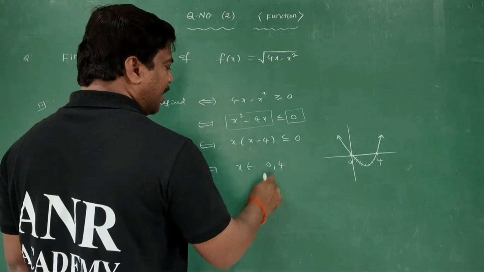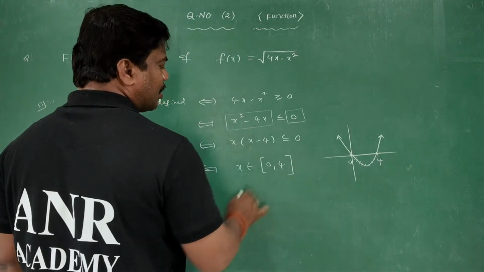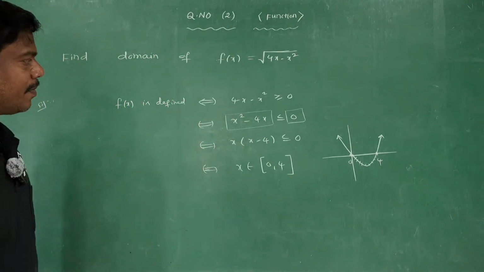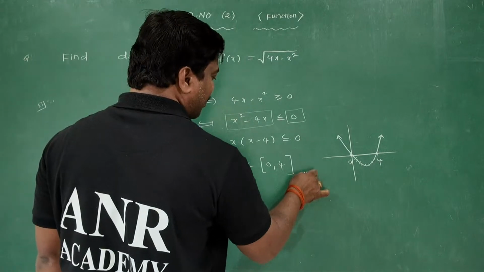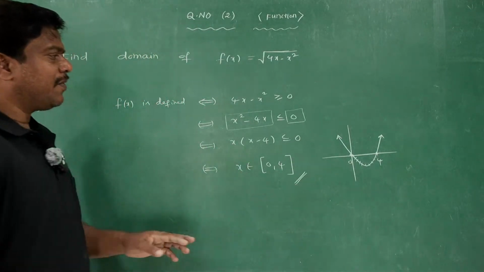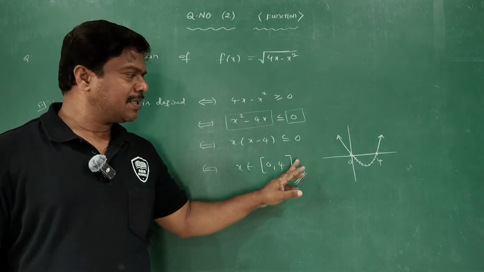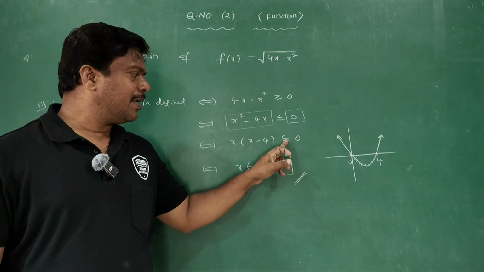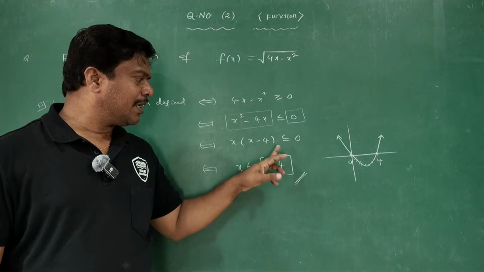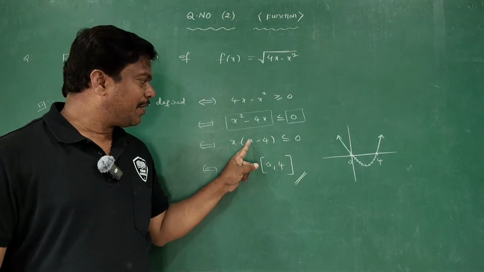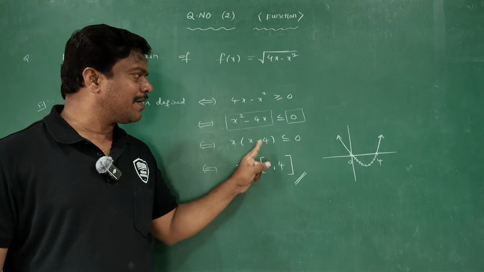Due to equality you have to put closed bracket, remember. Very important notations. If there is no equal sign then you have to put open brackets. If there is equal symbol then you have to include 0 and 4. Why? Because when you write x value 4, 4 minus 4 equal to 0.